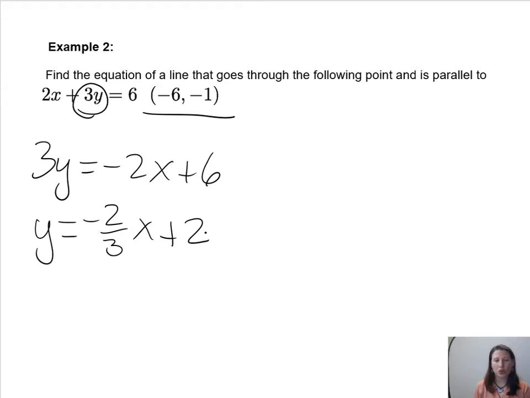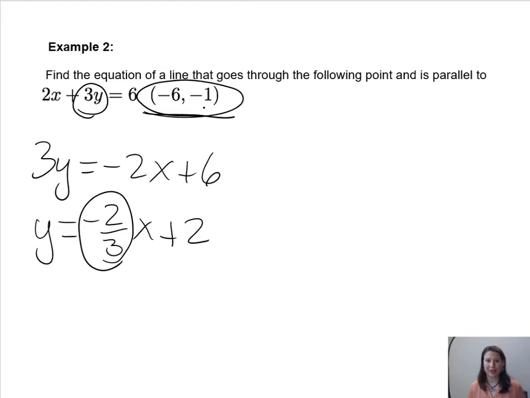Now, the only thing we care about here is the slope and this point, okay? That's the only thing we need to write out a parallel line. So, for parallel lines, we can use two different equations that we've had from the very beginning, right? We have point-slope and slope-intercept.